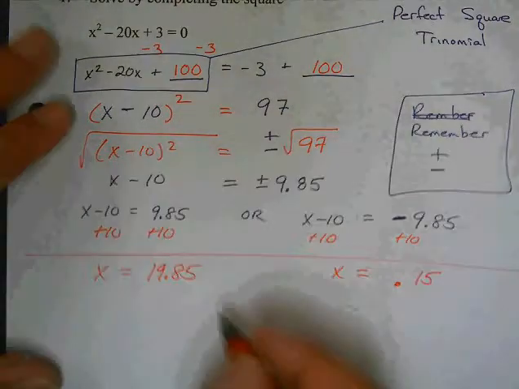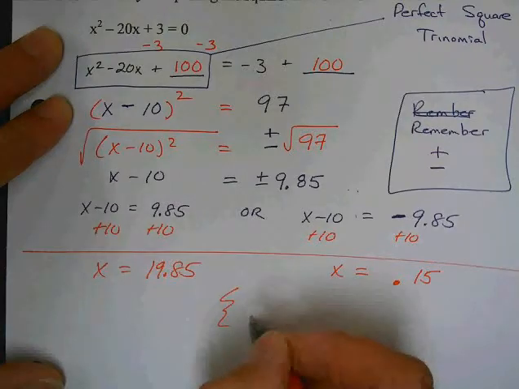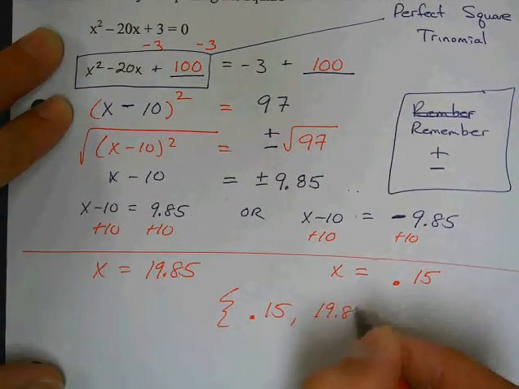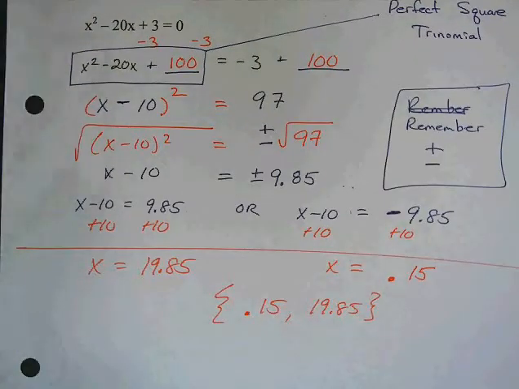So let's write our answer. 0.15, comma 19.85. Does this parabola cross the x-axis? Yes. Where? Really close to 0, and then way up at 20. Think about it. Have we ever had a parabola cross way over at 20?